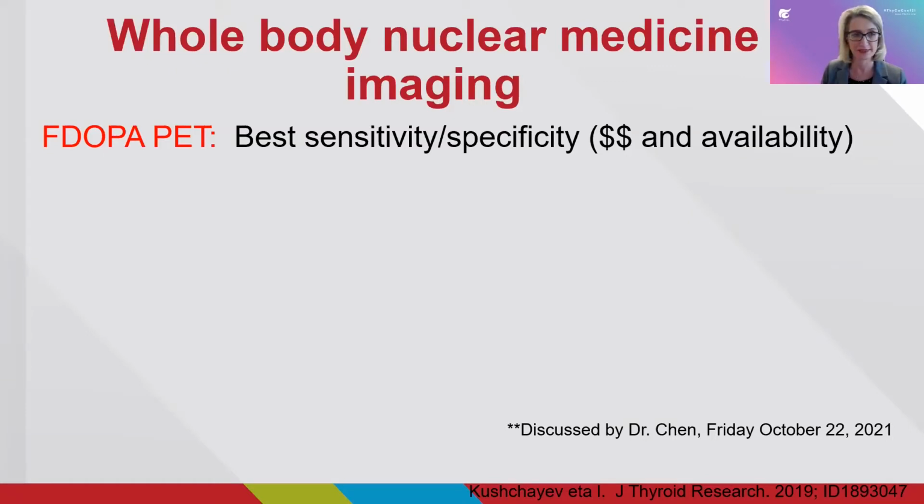It's got the best sensitivity and specificity, and in places like the NIH and some places in Europe where they've compared multiple ones head to head, it shows us the most spots of metastases. The problem is they're very expensive and not available in very many places, so not many people are able to just go have this done. But that has emerged as the best one if you're trying to find all the spots.